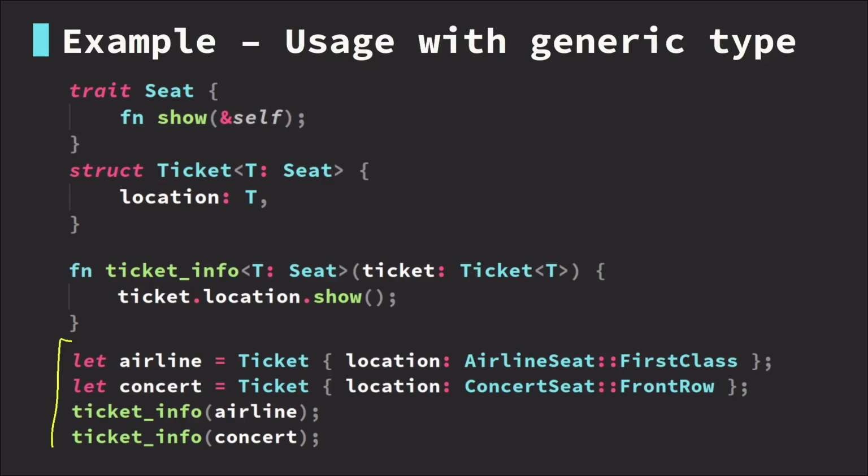So in our example, we have both an airline and concert ticket. So we have an airline seat, concert seat. They're both tickets, and they can both be utilized in the ticketInfo function. And if we were to run this program, we would get output that's appropriate for the ticket locations. So we would print out first class for airline and would print front row for concert seat.